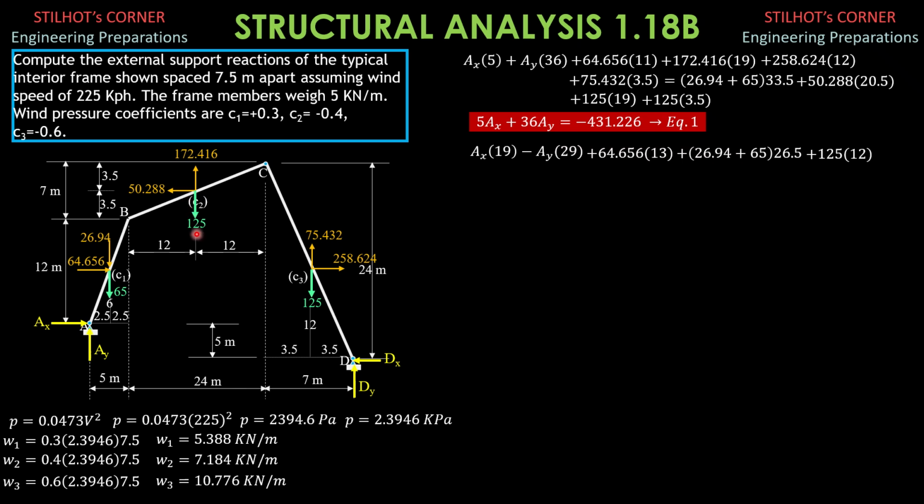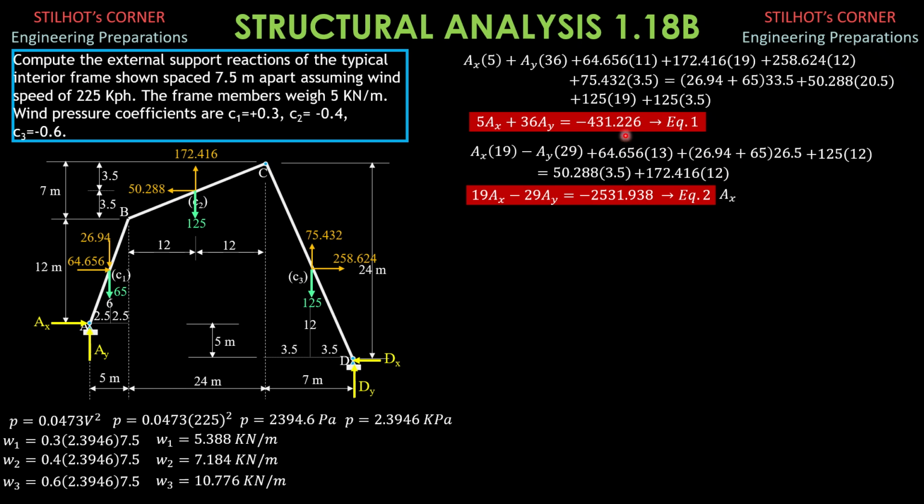Then plus 125 times 12, then equals 50.288 times 3.5 and plus 172.416 times 12. So simplifying this equation, we have 19AX minus 29AY equals negative 2531.938. Call that equation 2.